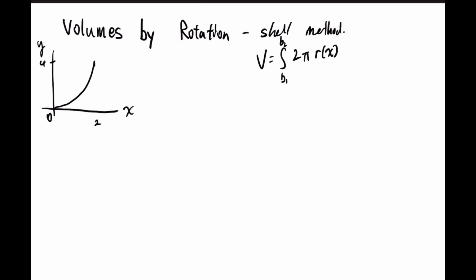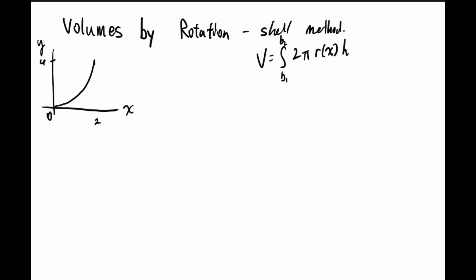So the volume is equal to the integral from bound 1 to bound 2 of 2 pi r of x times h of x dx. With the disk and washer method, the integrand was the area of a circle. With the shell method, the integrand is now the surface area of a shell or a cylinder.